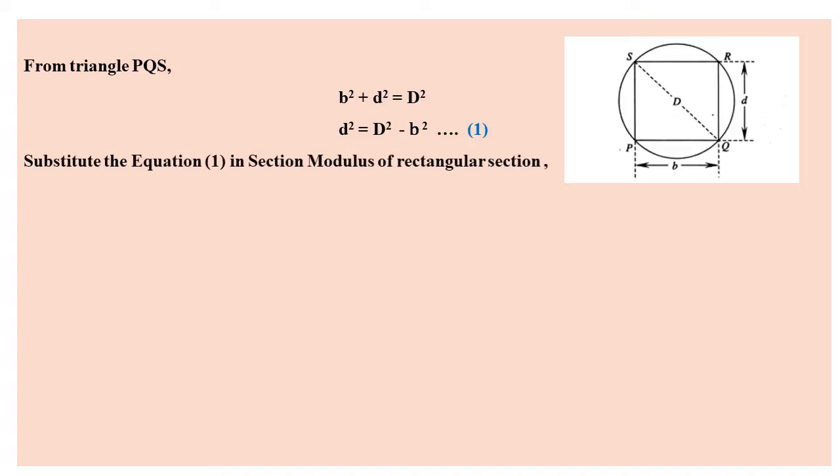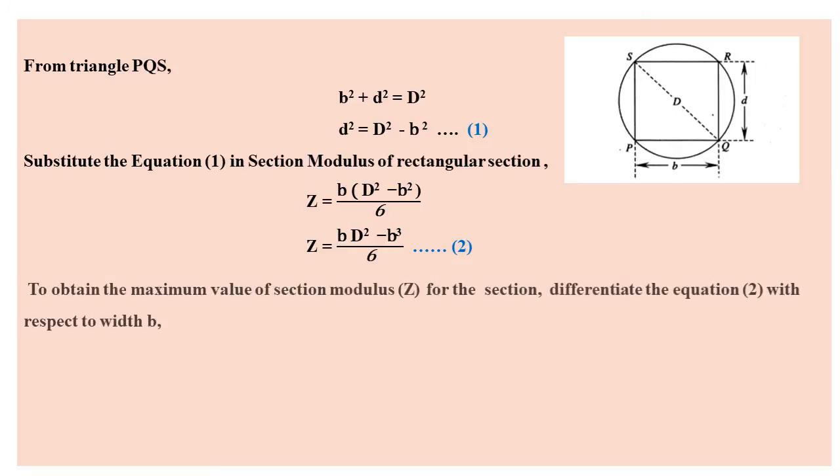Substitute equation 1 in the section modulus of the rectangular section. Section modulus Z equal to B into capital D square minus B square by 6. By simplifying, section modulus Z equal to B capital D square minus B cube by 6.